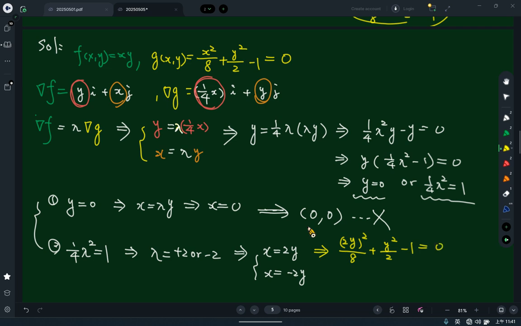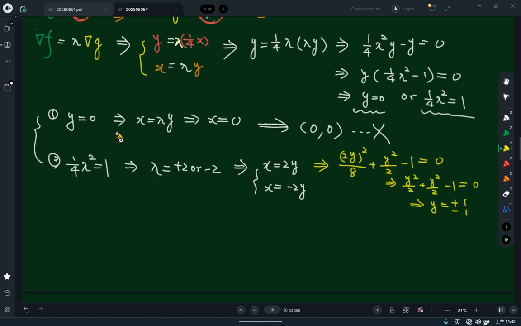So that we can get y squared over 2 plus y squared over 2 minus 1 is equal to 0. So that we can get y is equal to positive 1 or negative 1. Right? Because y squared is equal to 1.